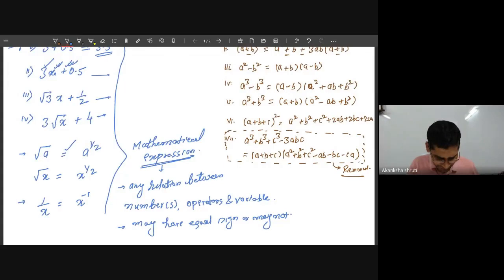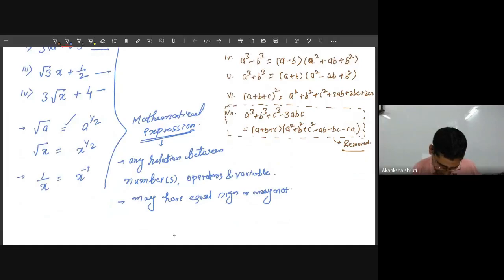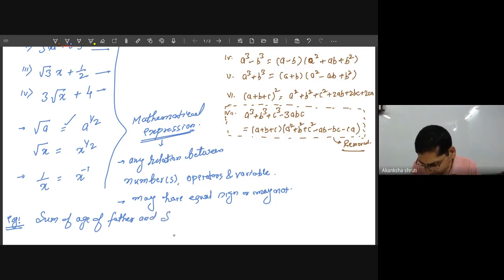Okay, students? So very first thing, let me take another example of what mathematics represents. In English you are saying that the sum of the ages of father and son is, say, 56 years. Students, this is in English. But in mathematics, how to write this?